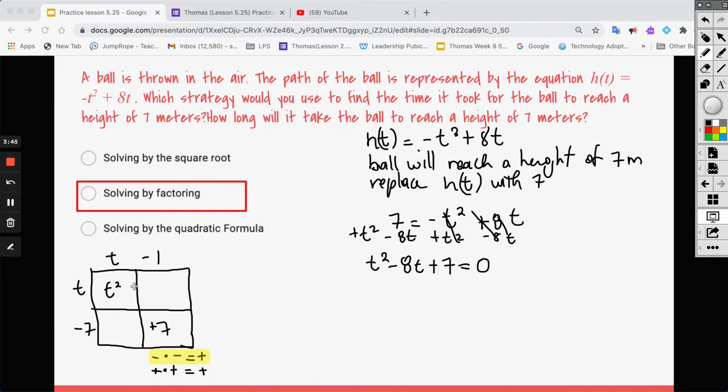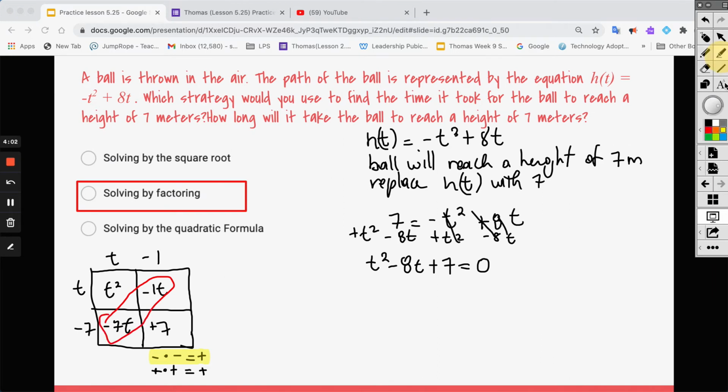When we multiply t times negative 1, that's negative 1t. And when we multiply negative 7 times t, that gives us negative 7t. Together, I know when those are combined, we end up getting a negative 8t.